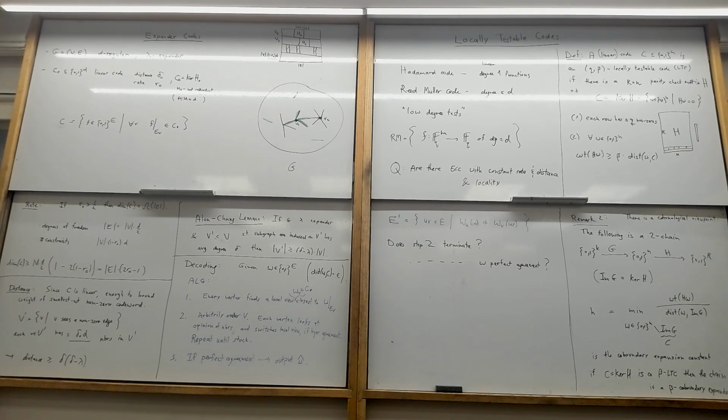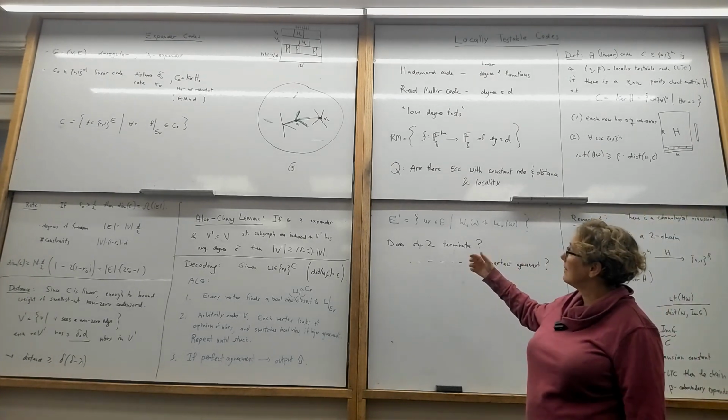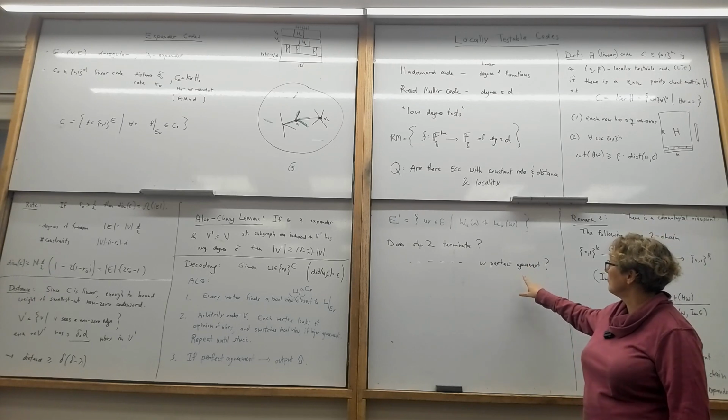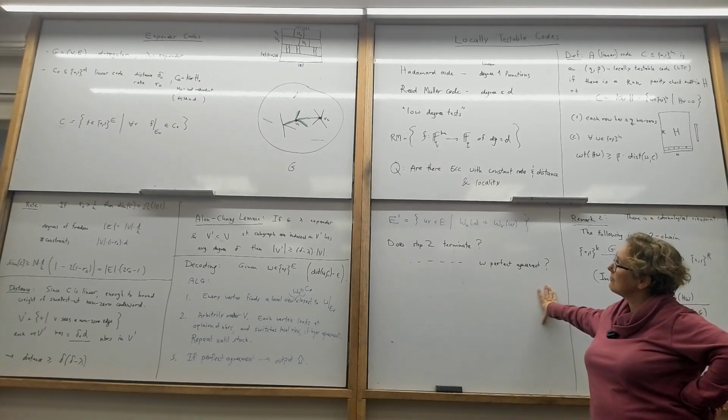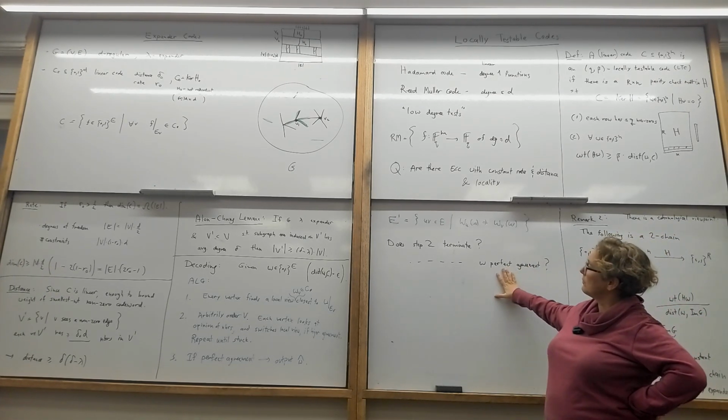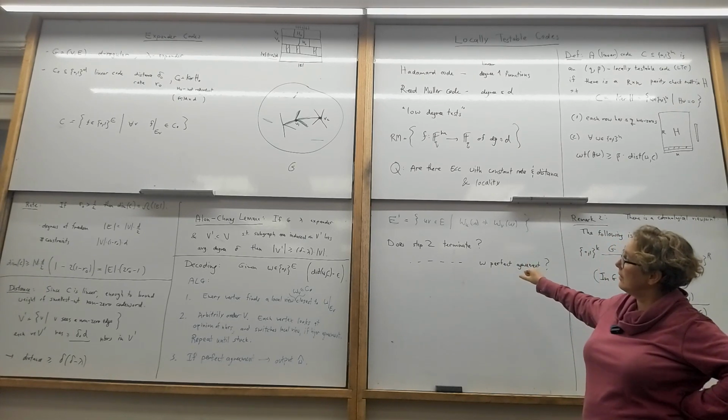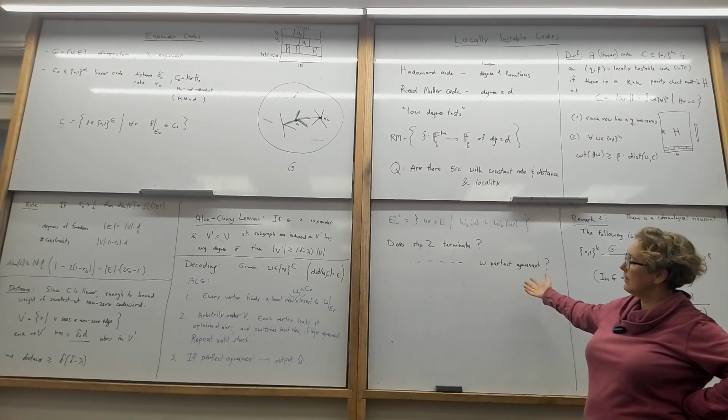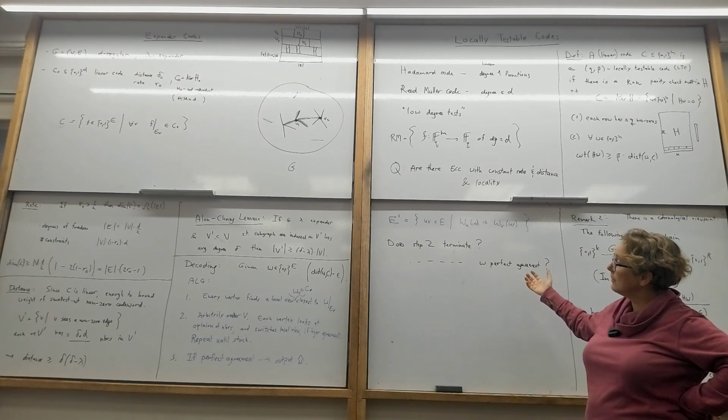Yeah, so before even I talk about that, I just want to say, without kind of getting into the details, that suppose we do terminate with perfect agreement. We will show it later. Does it mean that we succeeded in decoding?